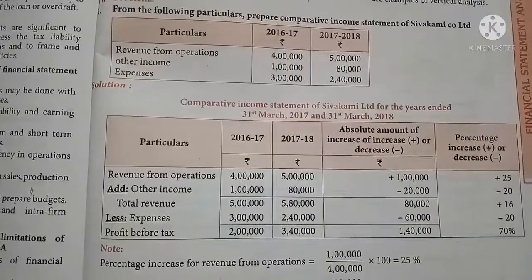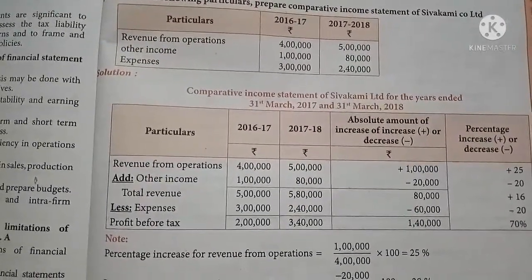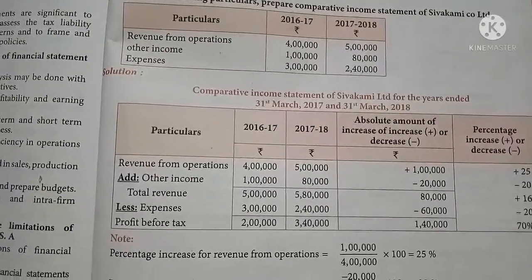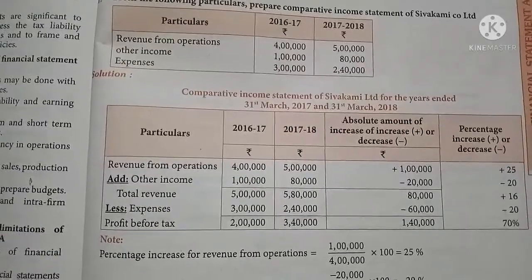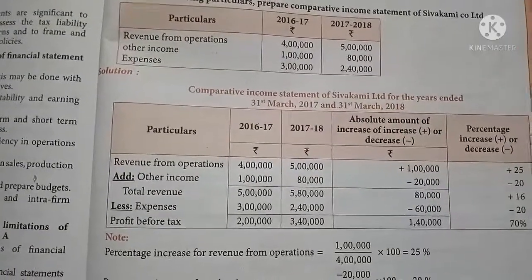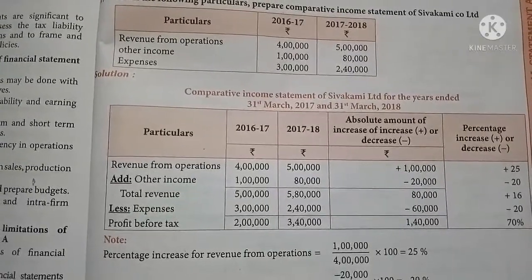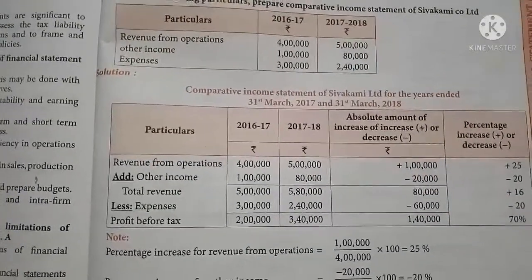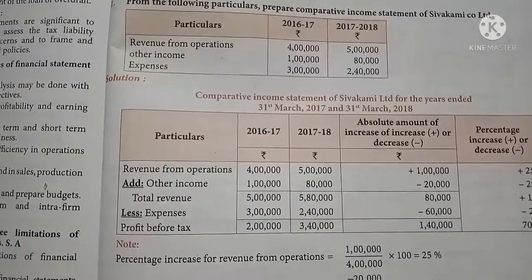First, write the comparative income statement of XII Limited for the year ended 31st March 2017 and 31st March 2018. You can prepare 5 columns. One is the particulars column, one is the 2016 to 17 year column, and the second is the 2017 to 18 year column.